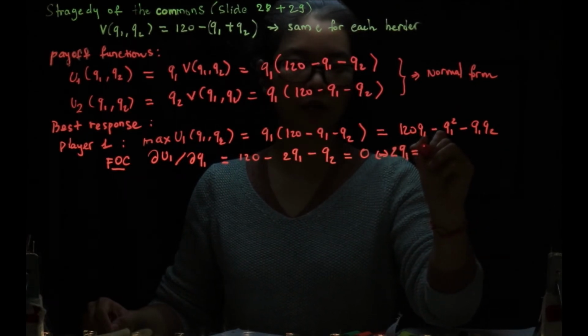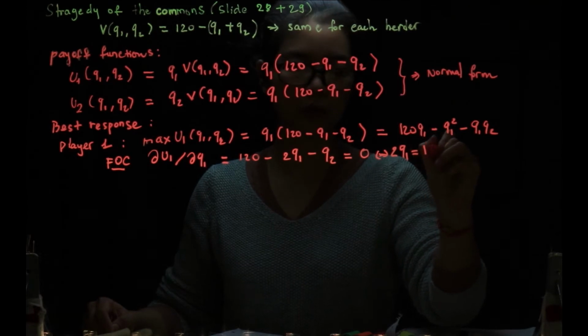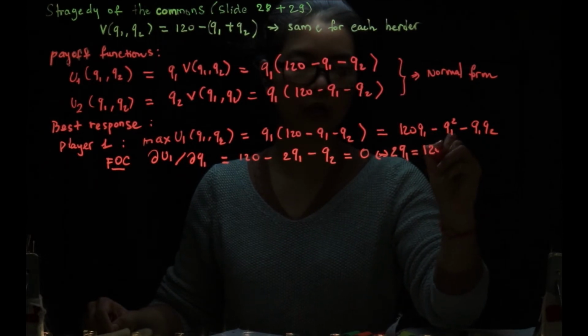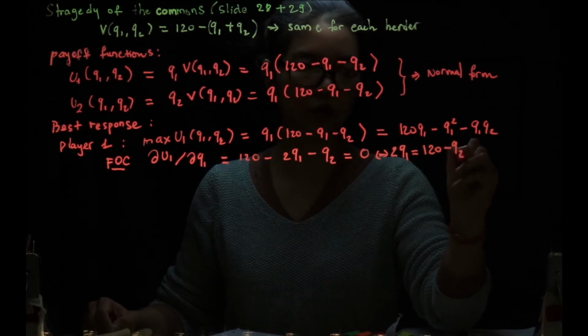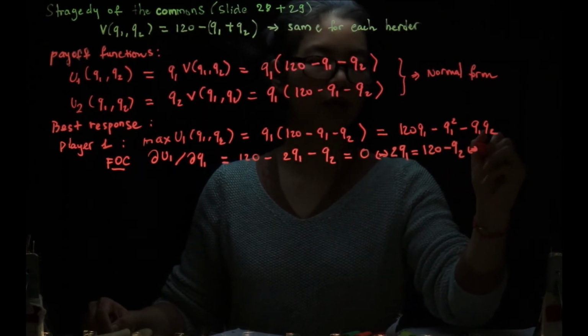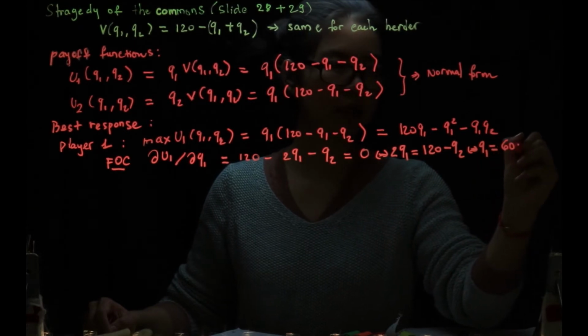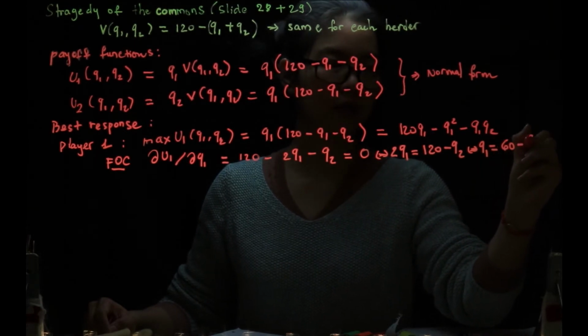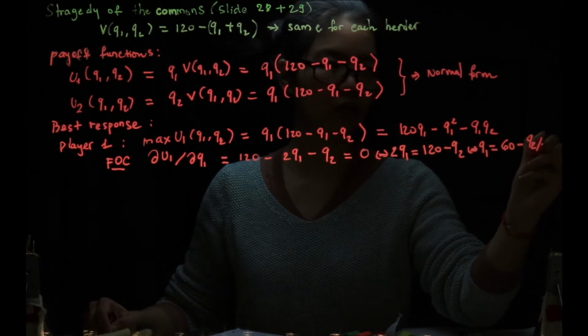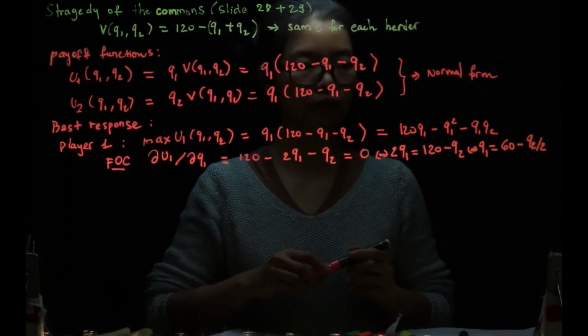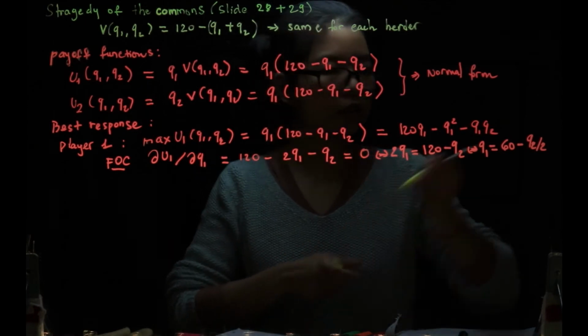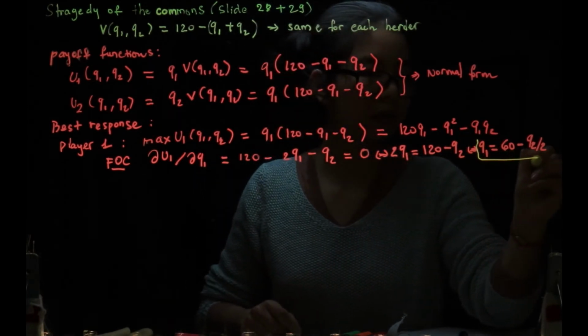So that means 2q1 equals, just put it to the other side, 120 minus q2, right? And that's equivalent to q1 equals 60 minus q2 divided by 2. And this, what is this?